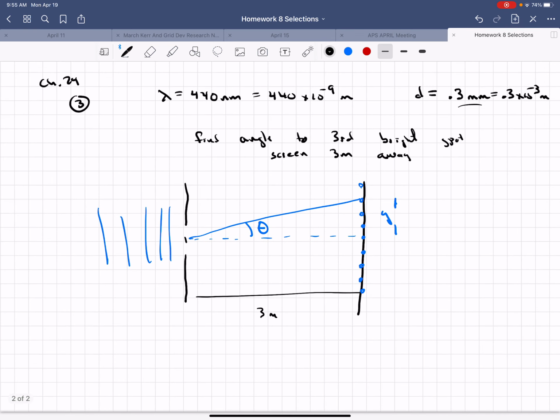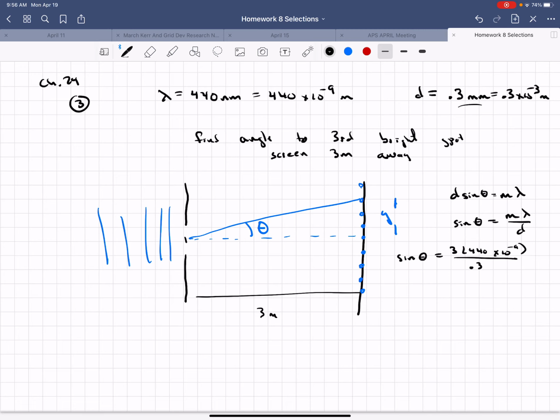So the formula here is d sine theta is m lambda, or the sine of theta is m lambda over d. Since I want the third bright spot, that means that m is 3. The wavelength is 440 times 10 to the minus 9.